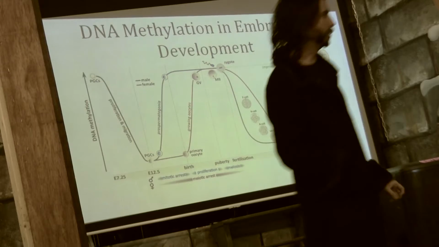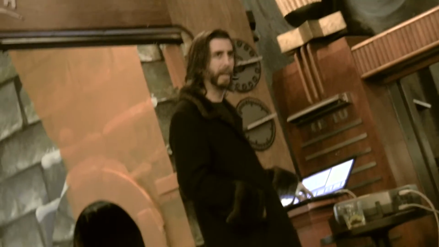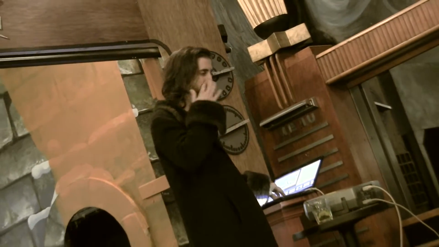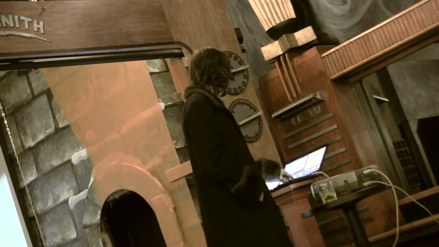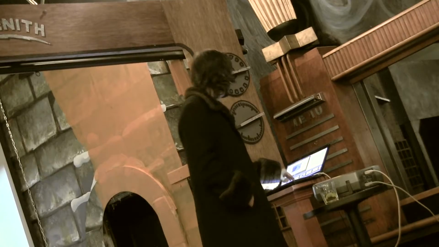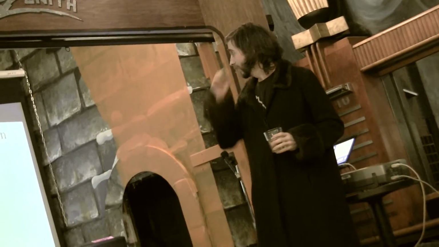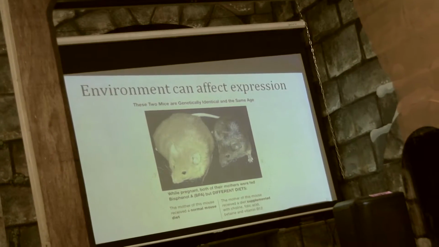I also saw a researcher give a talk who claimed that by using DNA methylation techniques, they were able to degender rats. So yeah, here's the environment can affect gene expression, and then that can be passed down.